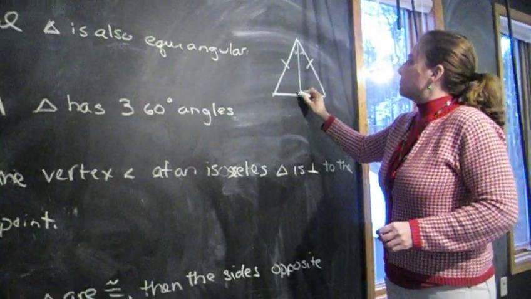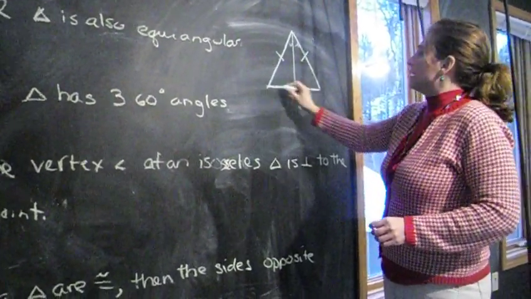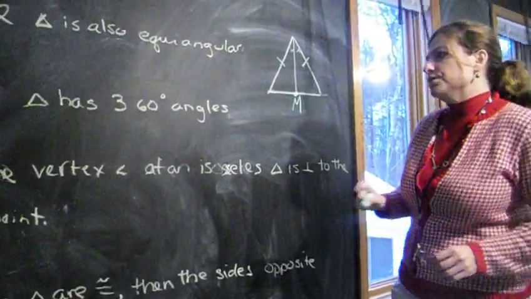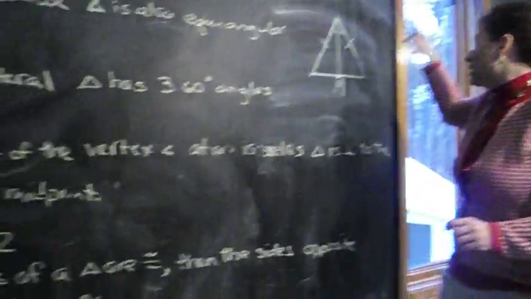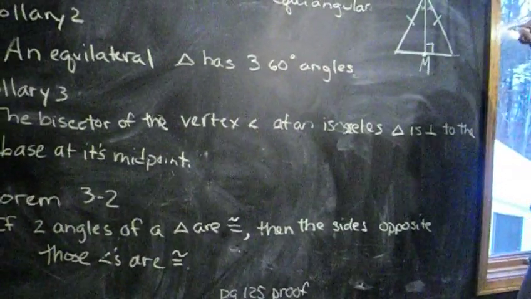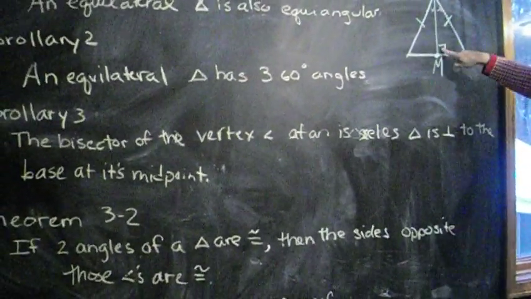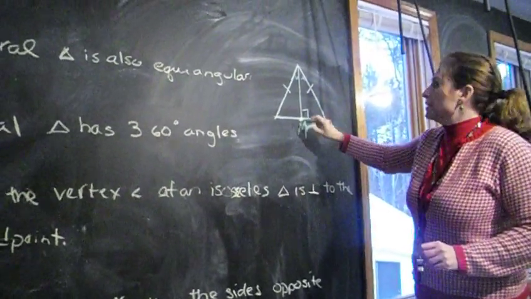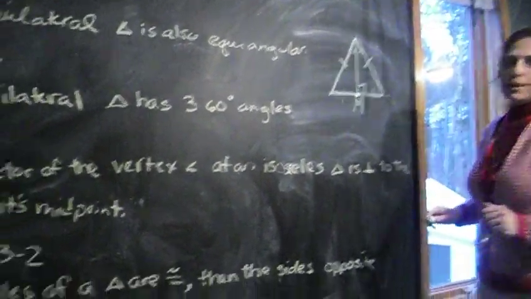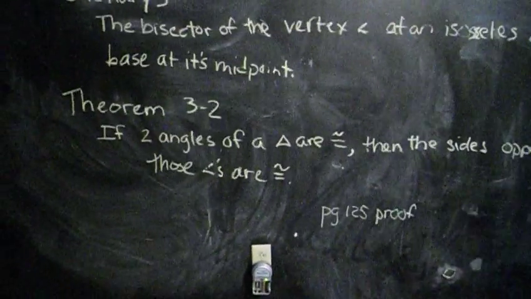It also means that, bang, this is the midpoint of this segment right here. So the bisector of the vertex of an isosceles triangle is perpendicular to the base at its midpoint. So that's going to be a 90-degree angle. That's your midpoint. These two are going to be equal, okay? So you might have to use that in a proof someday.